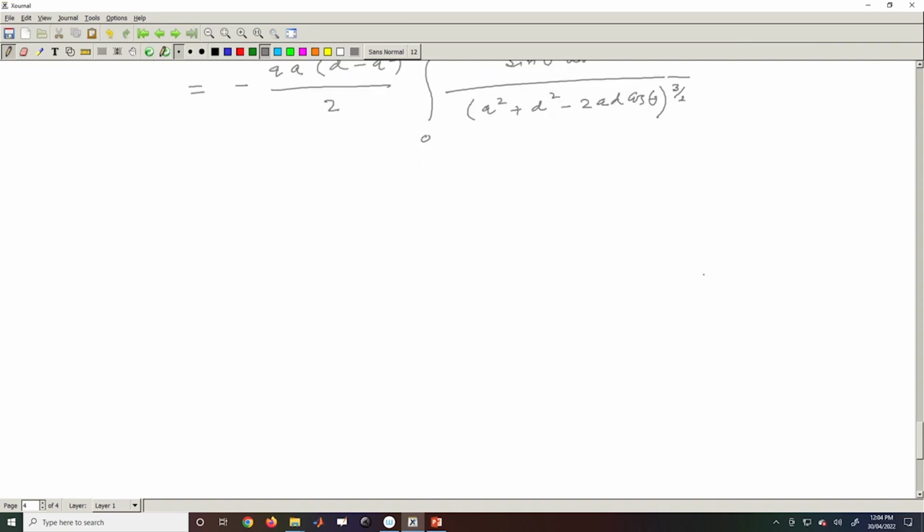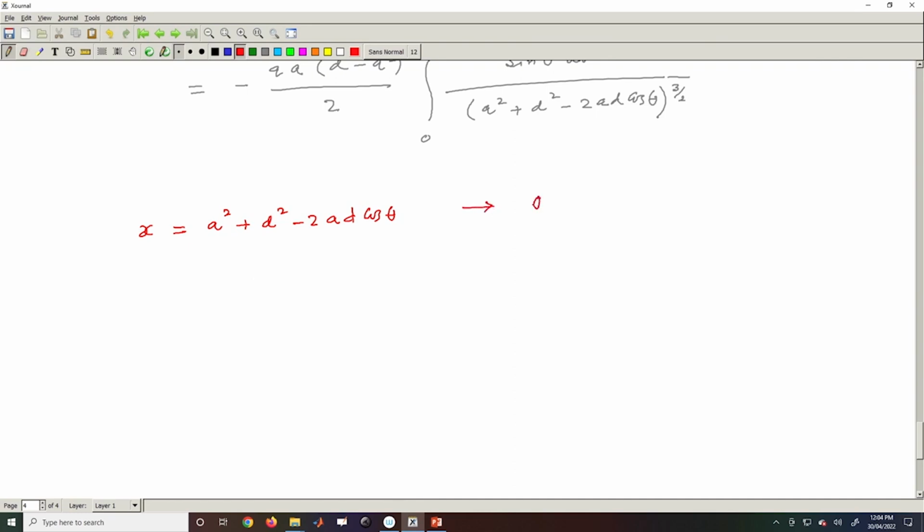Okay. Now let us write a change of variable. X consider as a square plus d square minus 2a d cos theta. If that is my case, then in terms of x the limit is going to change.